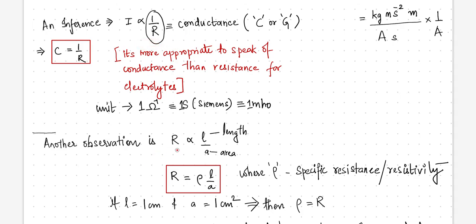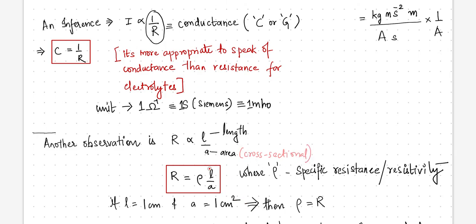However, this is an observation where we find that the resistance of a conductor is directly proportional to its length and inversely proportional to its cross-sectional area. So this is basically the cross-sectional area.